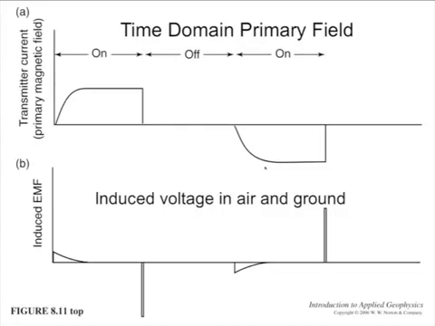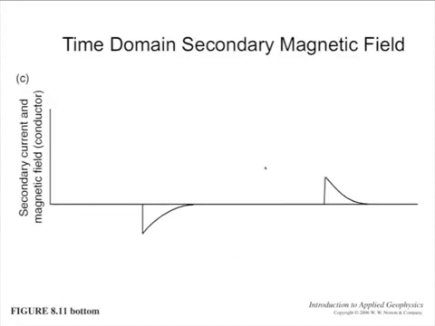So let's look at what happens due to the induced voltages. Okay, and that secondary magnetic field after the cutoff, right? It's opposing. Okay. And it's from the eddy currents.